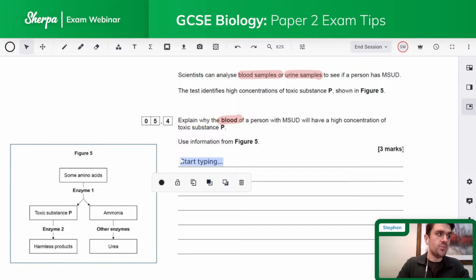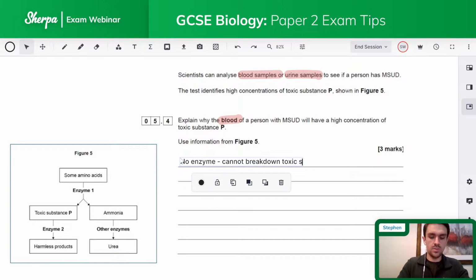So if there is no enzyme 2, that means that they cannot break down toxic substance P. So we're now trying to think, but why would they have a high concentration of toxic substance P in their blood?